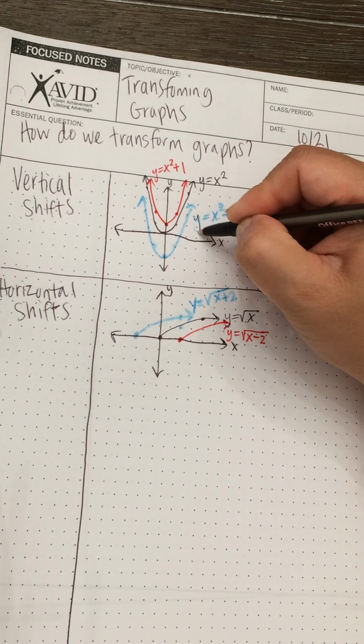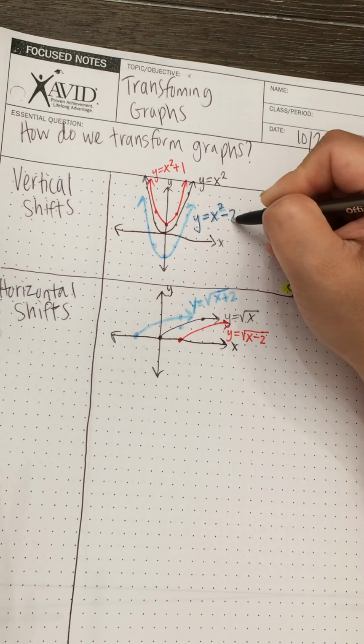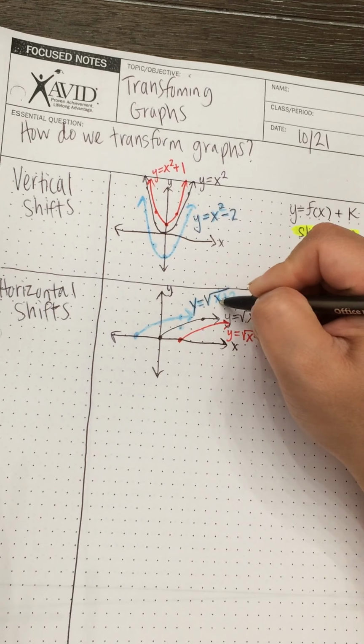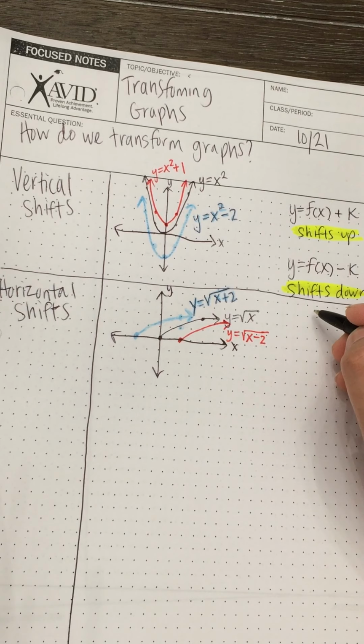And I'm actually going to write this over because this blue pencil is not showing it very clearly. And I apologize for that. There you go. So plus 2.